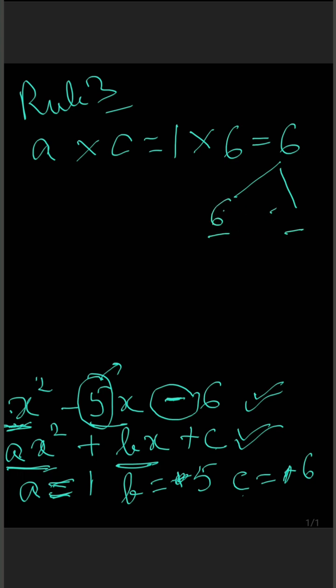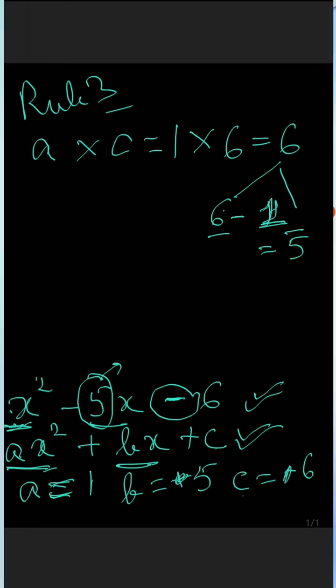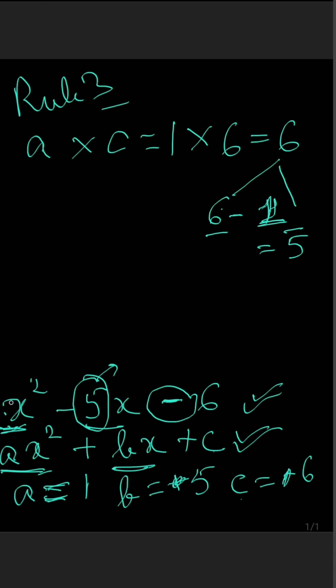So if I take 6 and 1, the multiplication will give us the value of c, which is 6, and the difference will give the value of the middle term. Okay, understood? What we have done, just see, we multiplied the value of a with the value of c, which comes out to be 6, and we break this down into two values, where the difference should be whatever sign is written here.